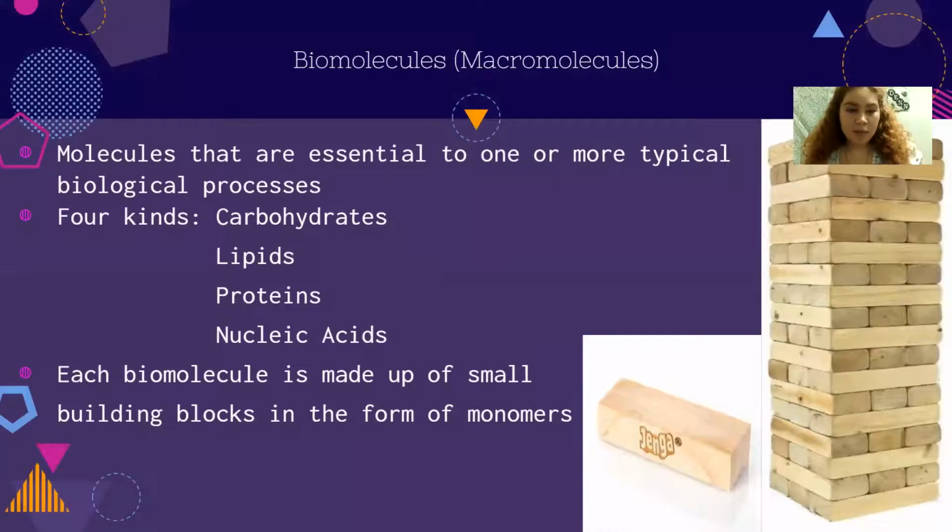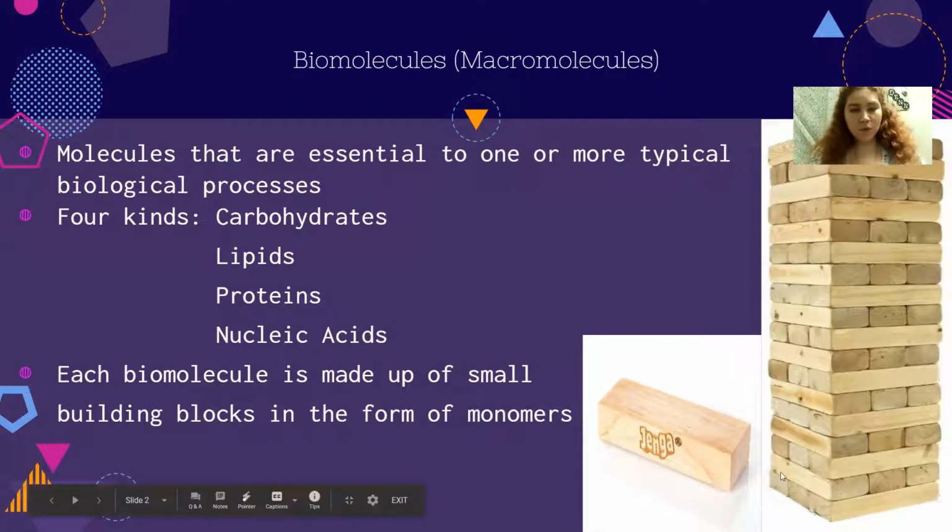So we're starting talking about biomolecules this unit, and biomolecules are molecules that are completely essential to life in one way or another. You either need to consume them or you need them to build your structures, and almost all of them are needed to build different structures that allow you to live.